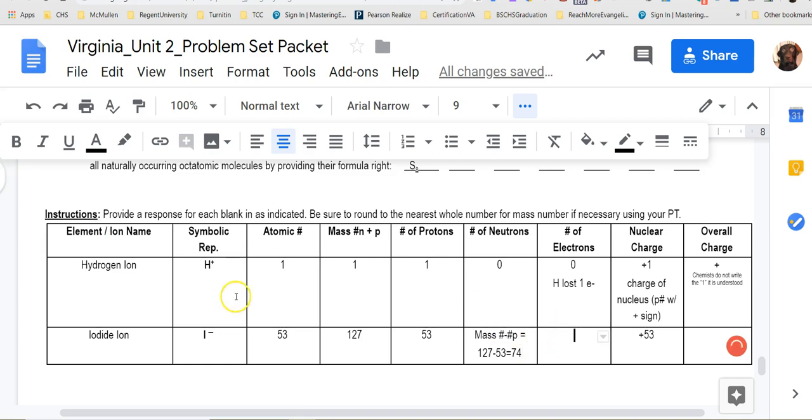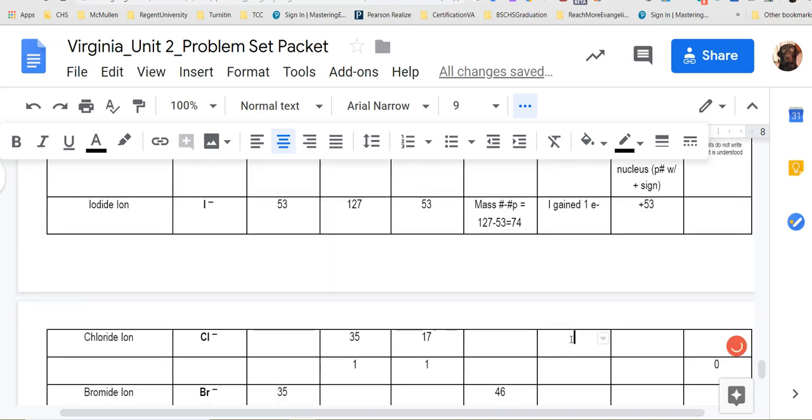So here, instead of a positive charge like we had in hydrogen, iodine has a negative charge. So iodine gained 1 electron. Okay, so if it had originally 53, because a neutral atom has the same as its number of protons, we gain 1, we get 54 electrons here.